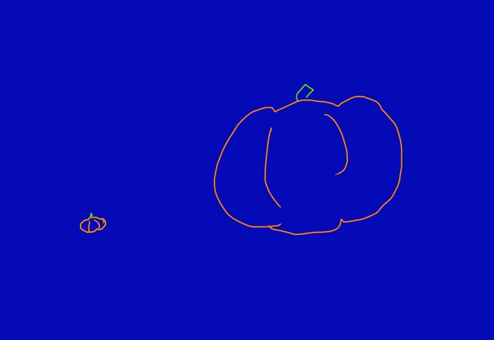And we know that this pumpkin weighs 1/8 of a pound. So we'll just imagine they're both sitting on the same floor. So this is 1/8 of a pound.